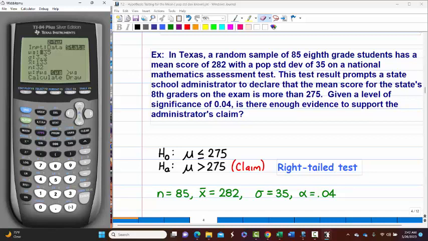So we're testing this against 275. Our population standard deviation is 35. Sample mean 282. And it's 85 8th graders. Okay, here's the key. This is a right-tailed test, meaning the alternative is greater than, so we hit greater than right there.